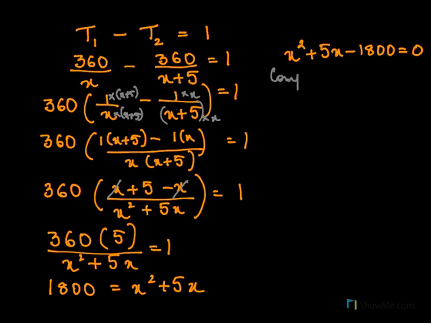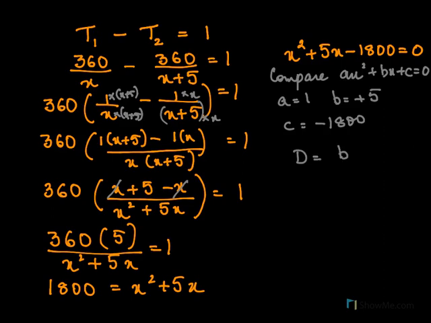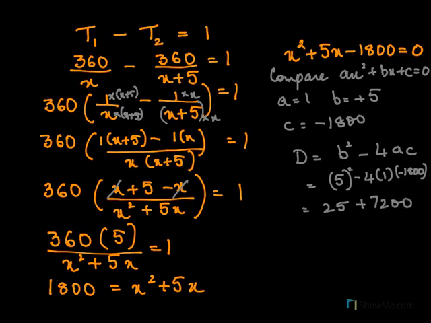Now again comparing it with ax square plus bx plus c equal to 0, a is 1, b is 5, same procedure, c is minus 1800. Then go ahead, find my D, which is b square minus 4ac. So 5 square minus 4ac, so that is 25 plus 7200.